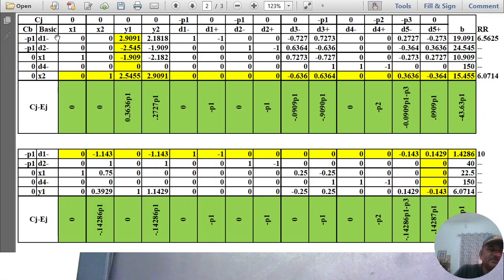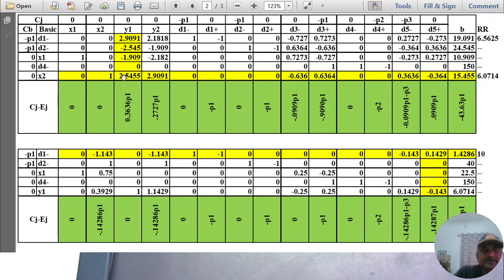Now the composition of basic variables is D1 minus, D2 minus, X1, D4 minus and X2. By doing all the transformations so as to qualify X1 as a basic variable, that will transform the whole simplex table.